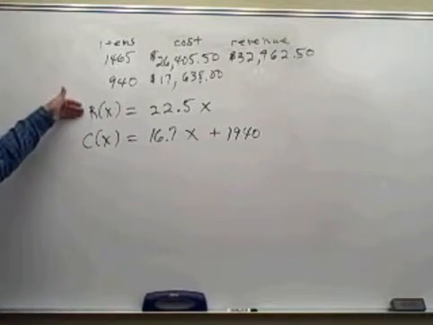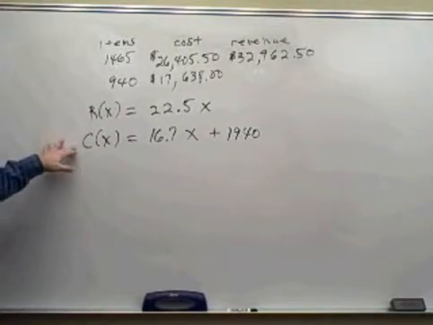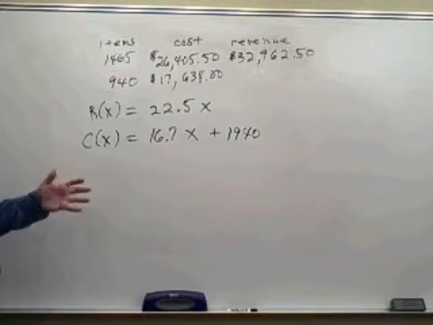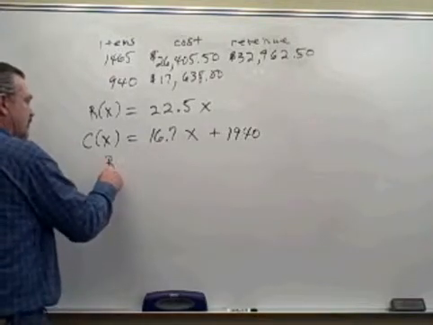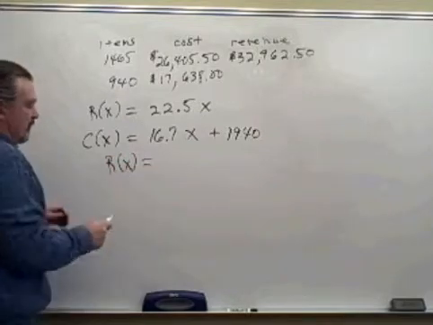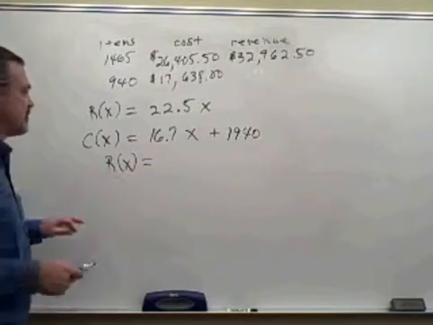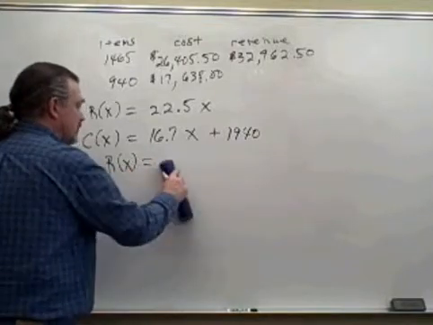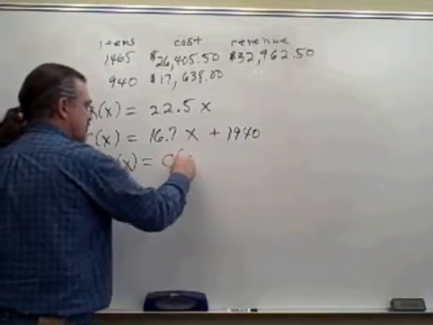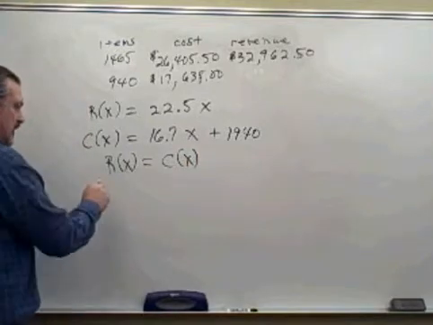We now have our revenue function, we have our cost function, and we can find the break-even point. Break-even is where you've sold enough of your items so that the revenue from selling that number of items covers the cost for making that number of items.